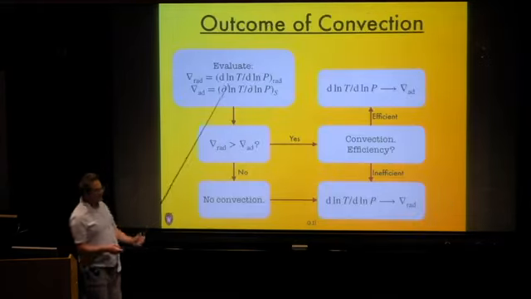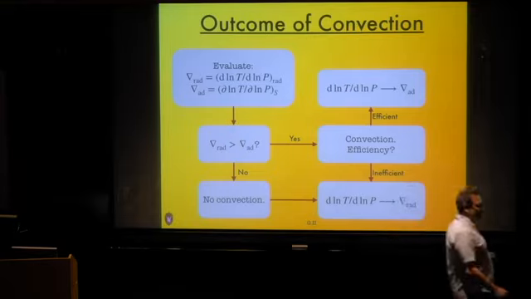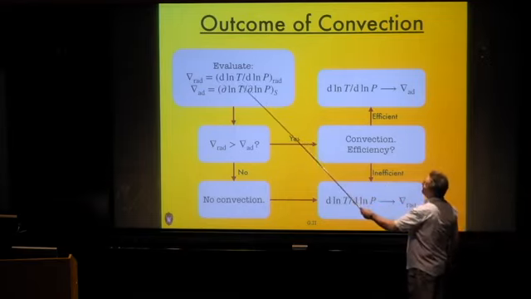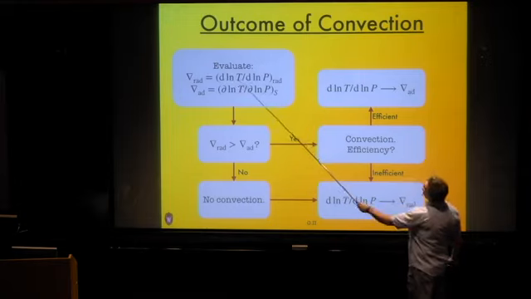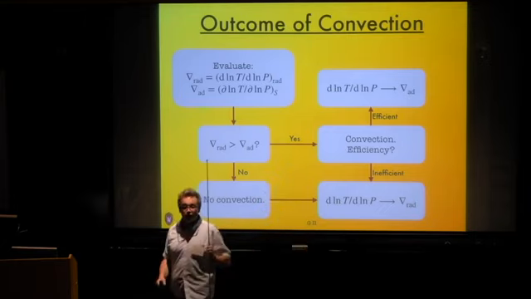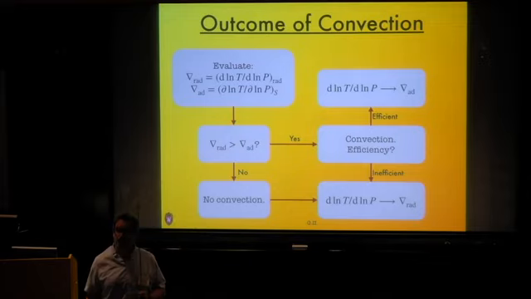So this is my little flow chart for figuring out where in a star convection will occur and how to calculate that temperature gradient. The first thing we do is we evaluate these two quantities here. This is the temperature gradient that we would get in the star if energy was transported by radiation alone. And it's something that we can calculate just from the radiative diffusion equation.